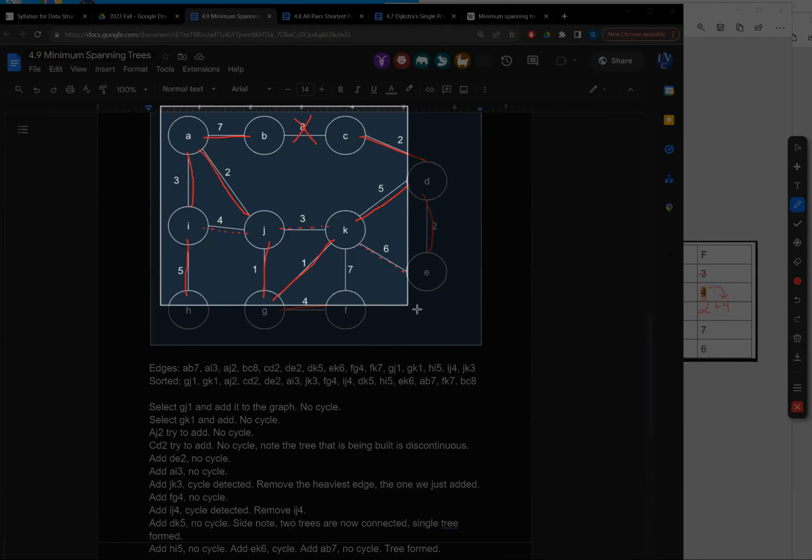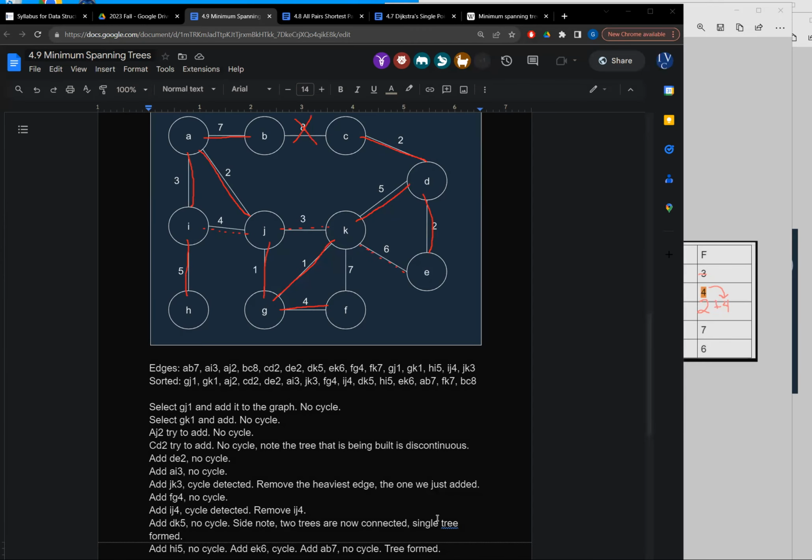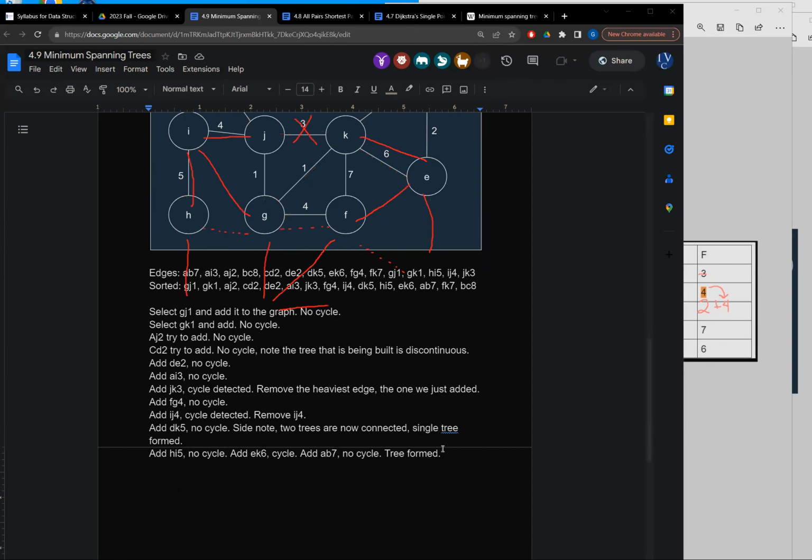To consider it would only guarantee a cycle and guarantee that that edge would be thrown away if we were to even consider that edge.